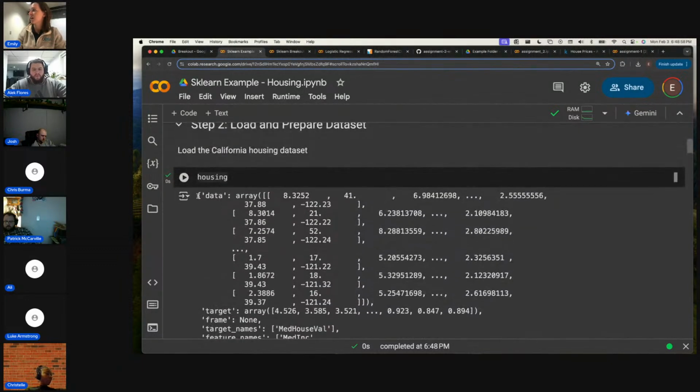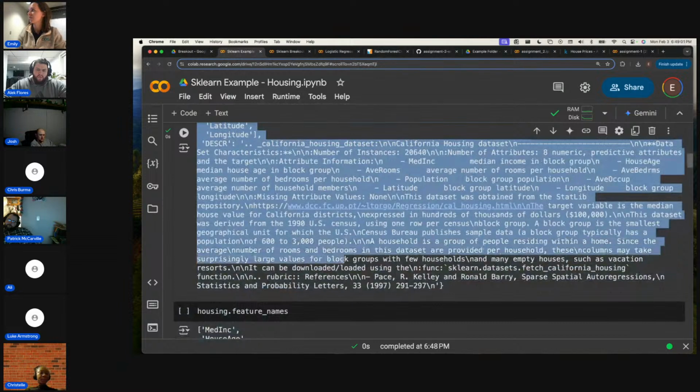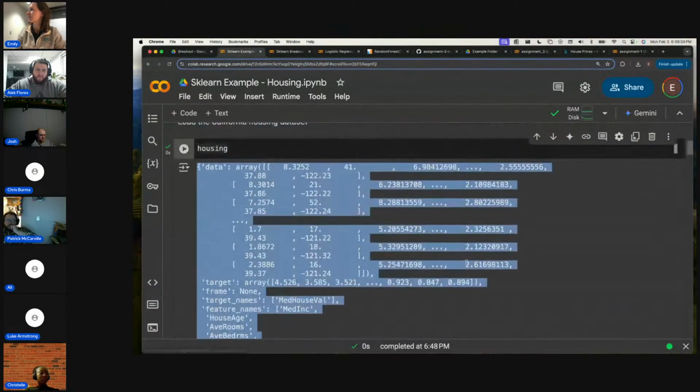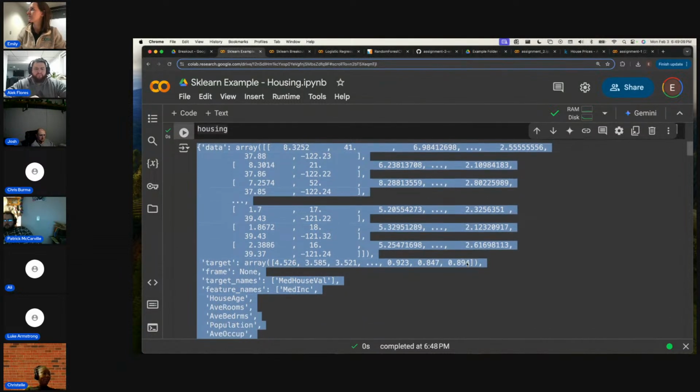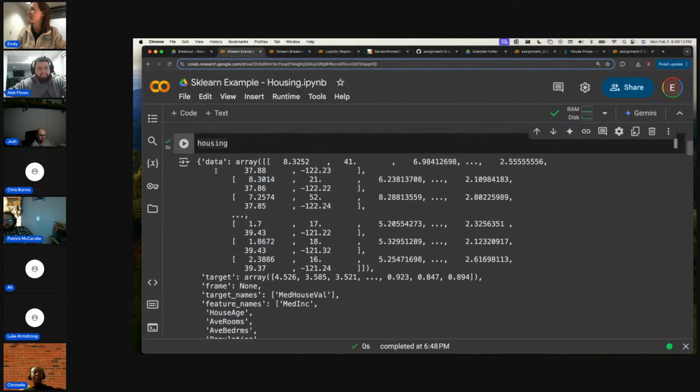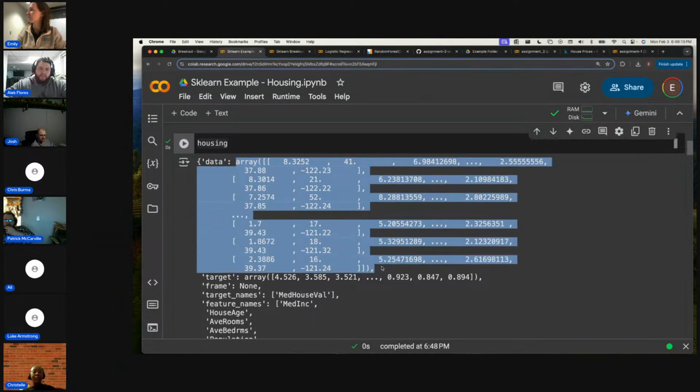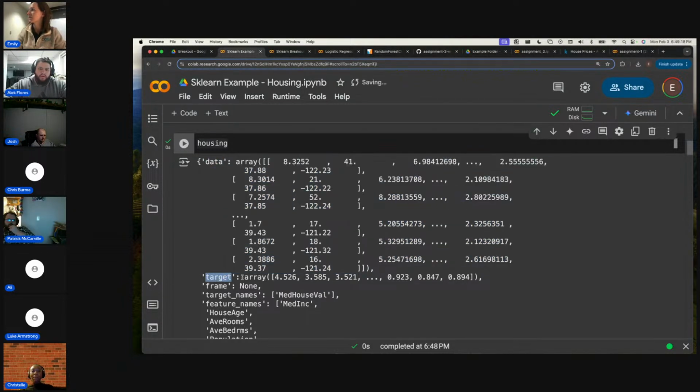Does anybody know what type of Python data type this is? We've got keys and we've got values. Which Python data type has key value pairs?